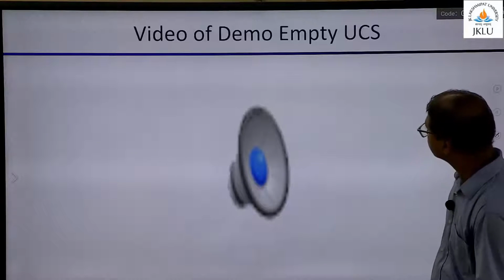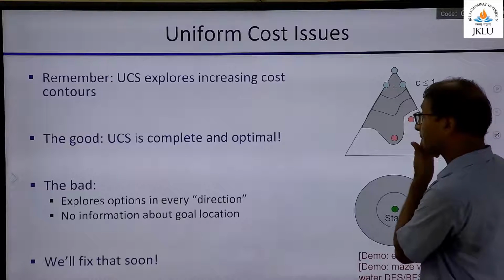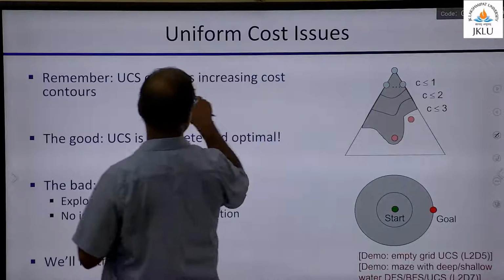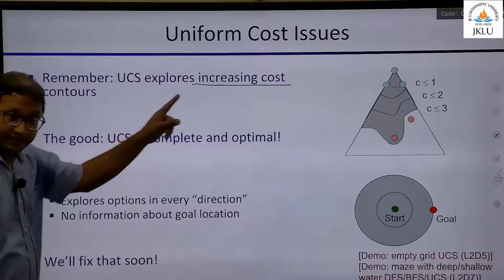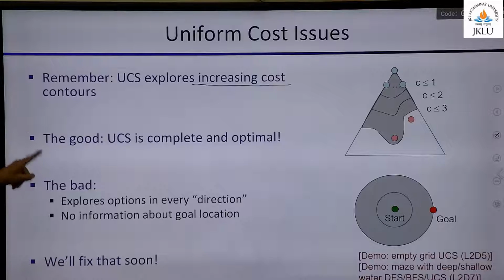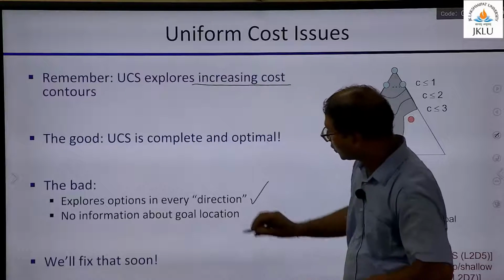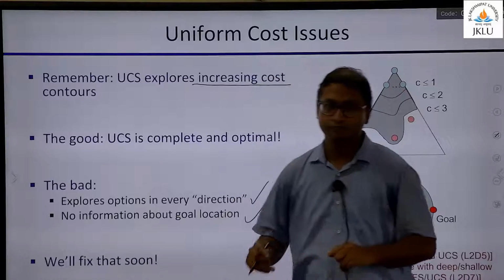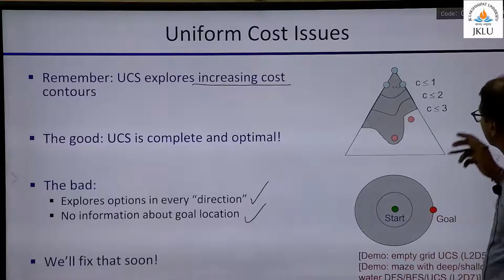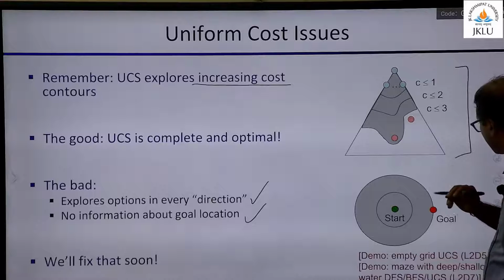The bad: it explores options in every direction, with no information about goal location, and we'll fix this soon. So can you help me figure out कि इसमें ये लोग क्या बता रहे हैं?